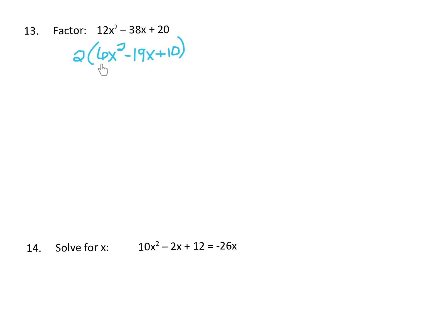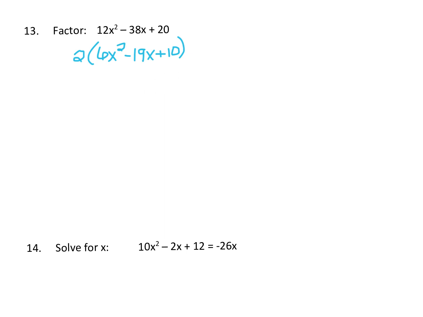Okay, so now we're going to look at our trinomial, right? Tri means 3. And we're going to see that because the number in front of the first term is something other than a 1, this is when we're going to do the rainbow. So we do not set up 2 sets of parentheses underneath this, okay?